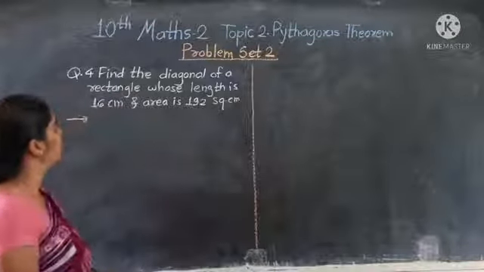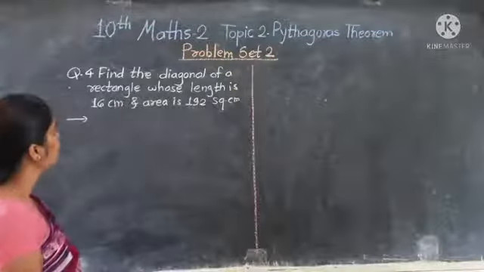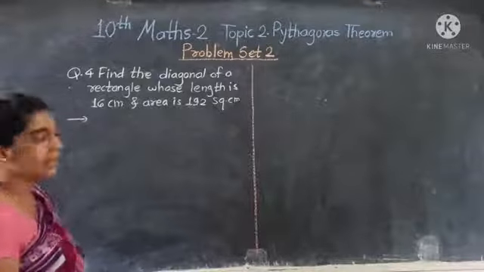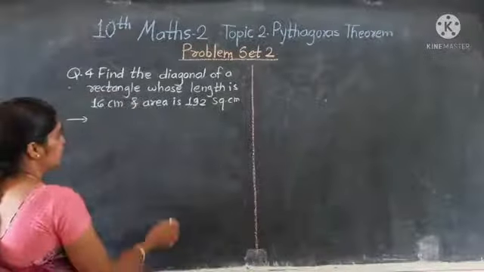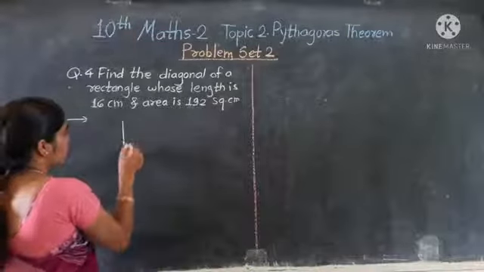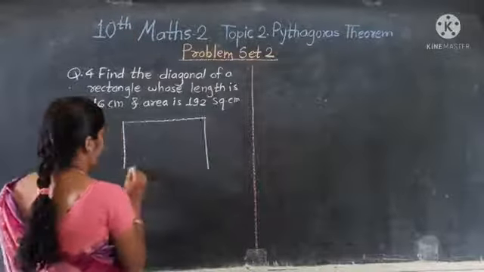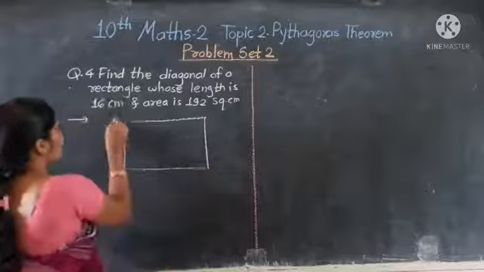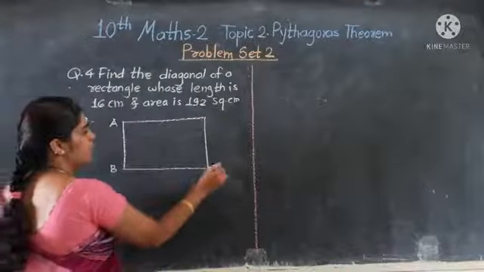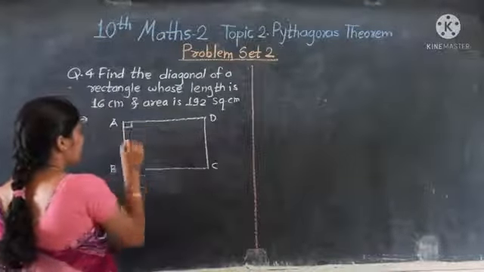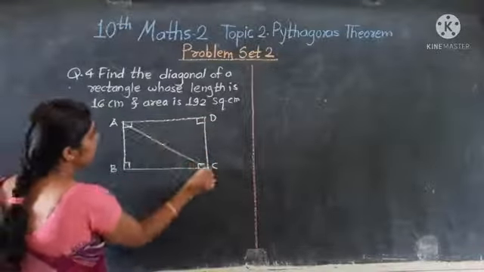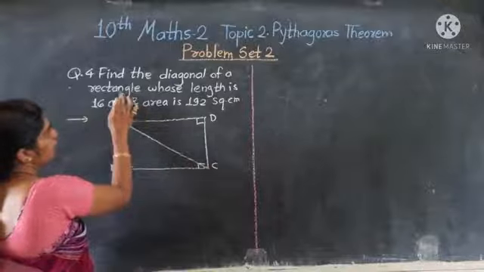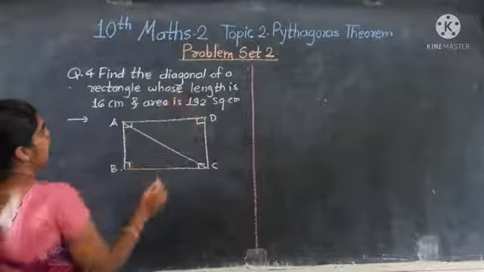See question number 4. Find the diagonal of a rectangle whose length is 16 centimeter and area is given 192 square centimeter. So students, here you first draw the figure. I draw here the figure. Suppose this is rectangle ABCD.